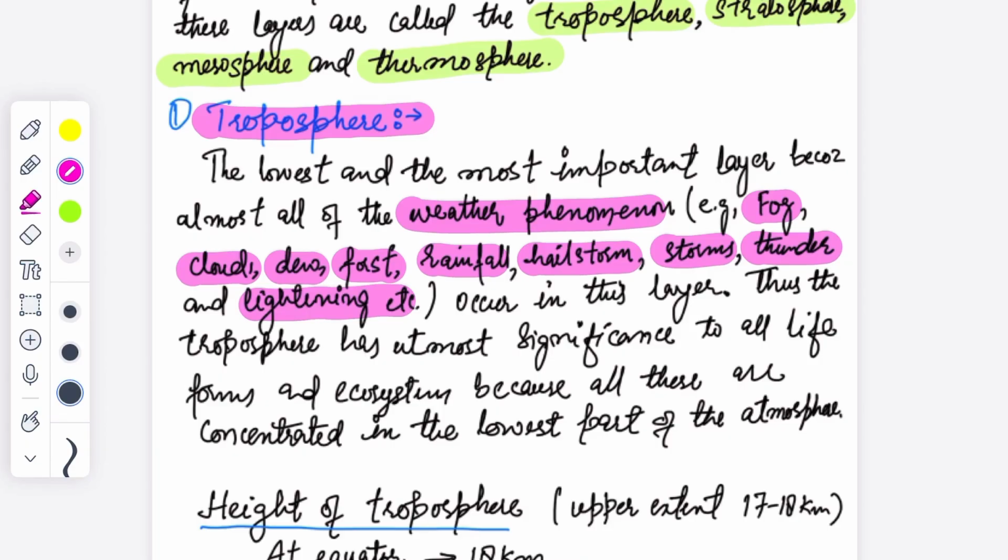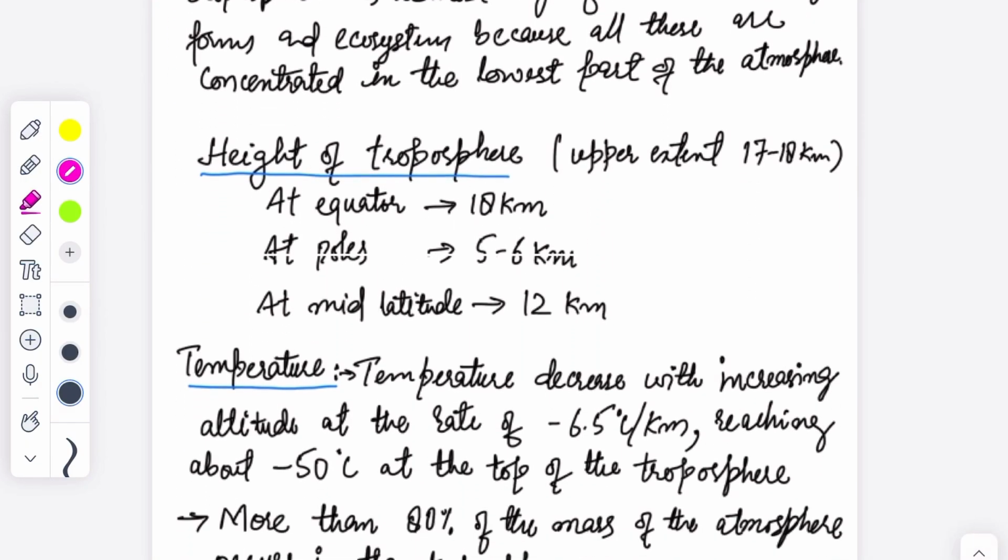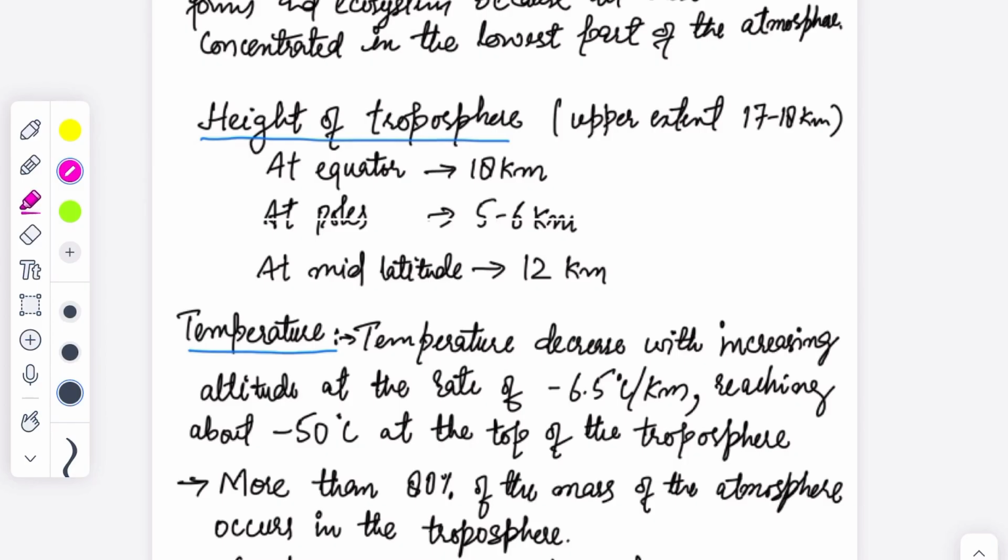Thus, the troposphere has utmost significance to all life forms and ecosystems, because all these are concentrated in the lowest part of the atmosphere.